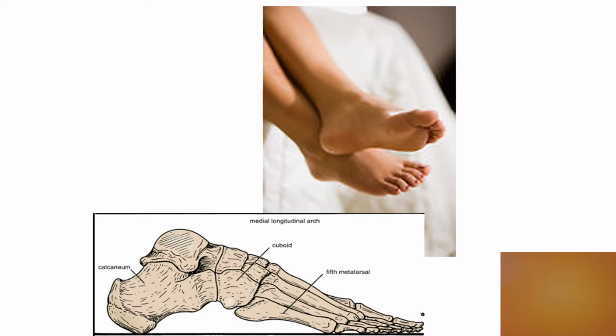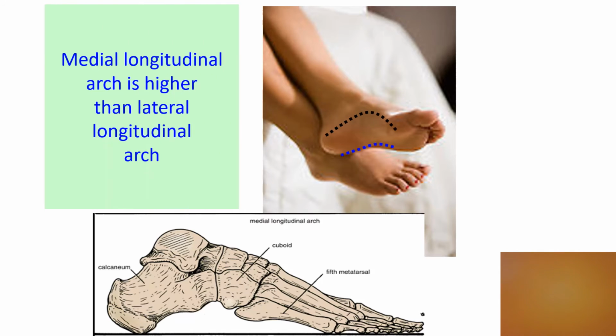So if we look at the two arches, the medial and the lateral, we notice that the medial longitudinal arch is higher than the lateral longitudinal arch. Again, why? Because the keystone for the medial is the talus, while the lateral longitudinal arch's keystone is the cuboid, which is much lower than the talus.